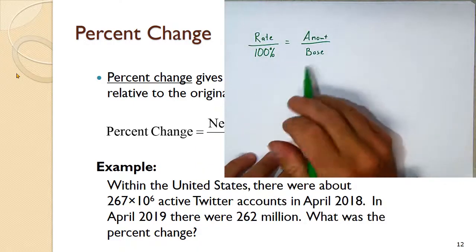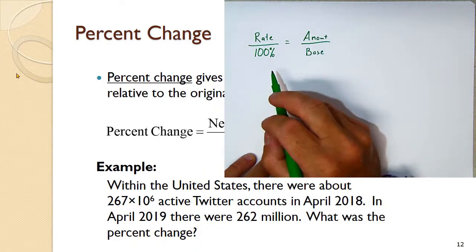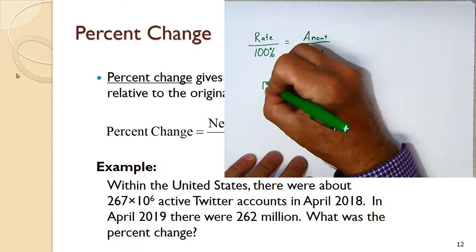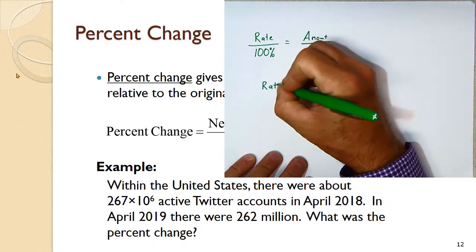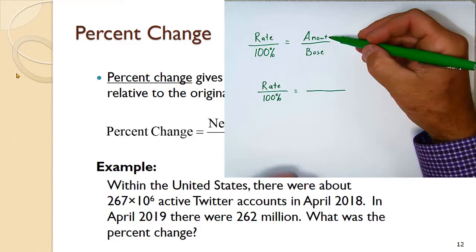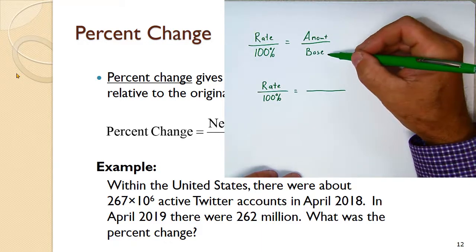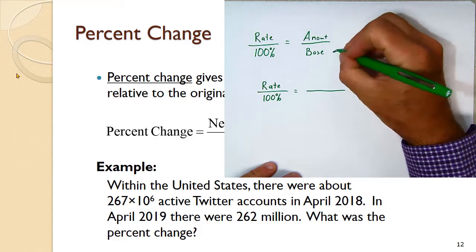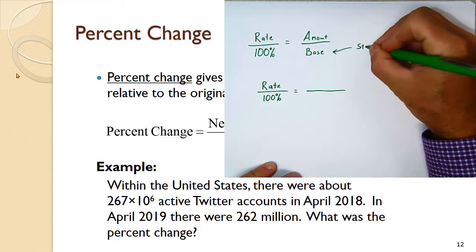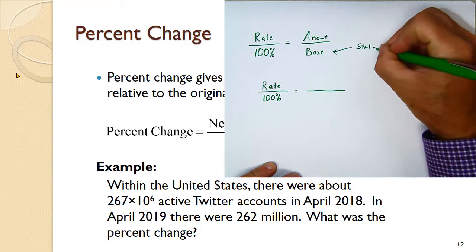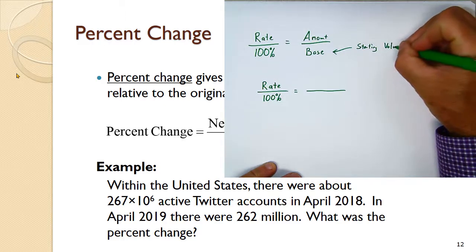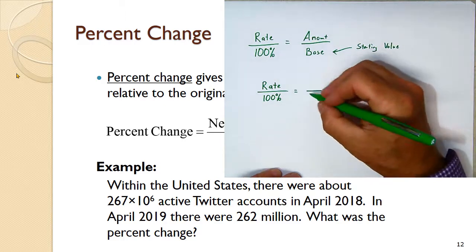Okay, if we use the proportion on this, clearly we're asking for percent change, so that tells us that we're trying to find the rate. That'll be our unknown. And as far as our amount and base goes, the base is always the starting value when things are changing, and that's exactly what happens here. So our base should be the starting value, and in this case that is 267 million.